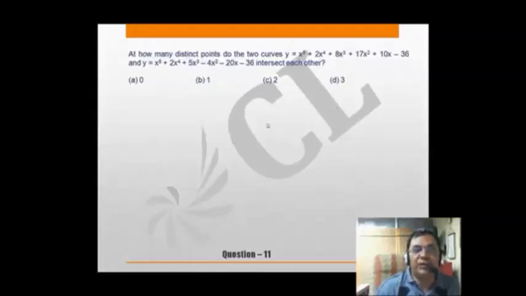This question we always solve by just finding the common roots. So if I put it like this: x to the power 5 plus 2x to the power 4 minus 4x cube minus 20x.